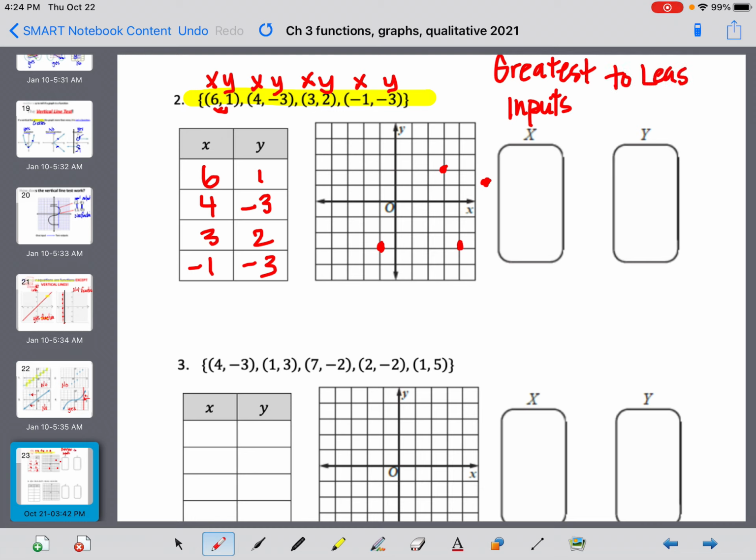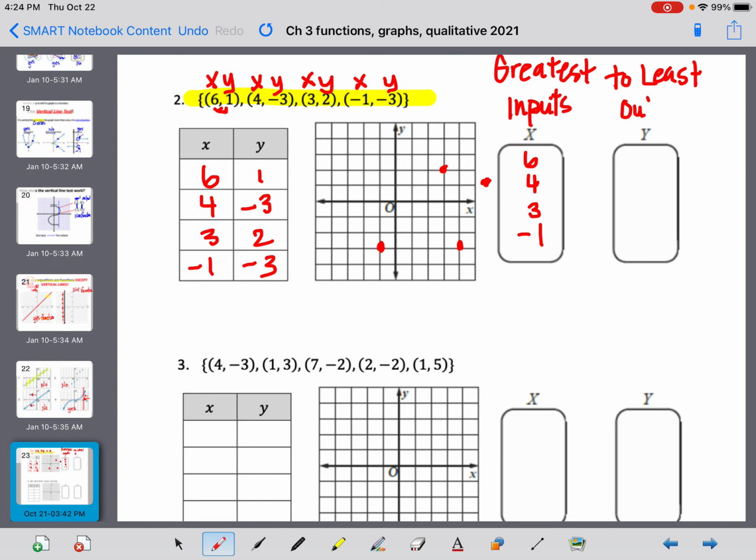So on a domain and range map, I always take my biggest x value and put it at the top. So 6 will be the biggest x value, and then I go down from there. Then 4, then 3, then -1, okay?